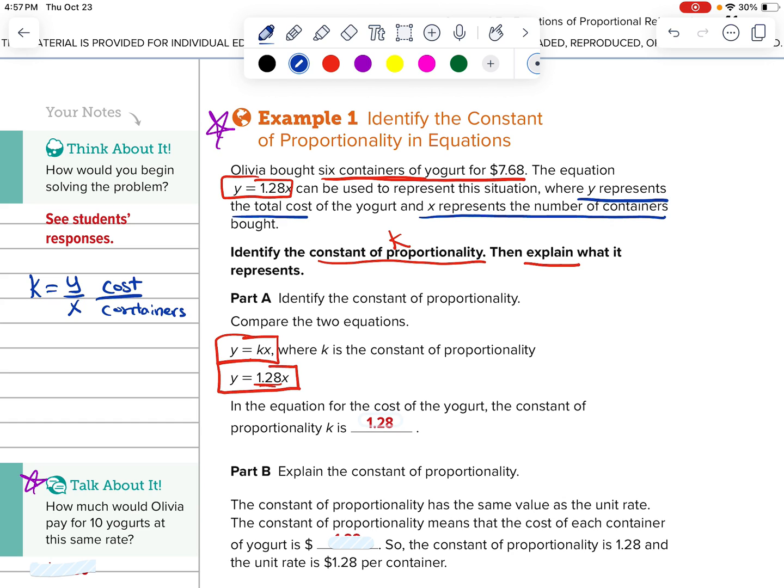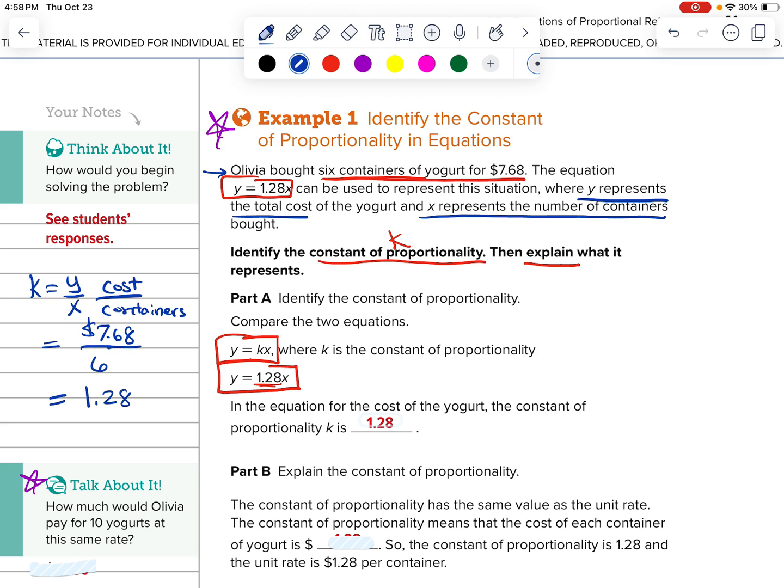So it's cost per container. If I now look at the first sentence of the problem, Olivia bought 6 containers. That would be in the denominator. And it cost $7.68. So pick up your calculator, please, and go ahead and divide 7.68 by 6, and you will find that you get 1.28.